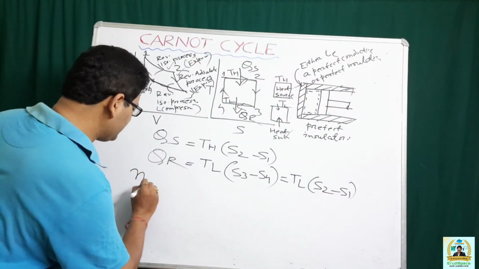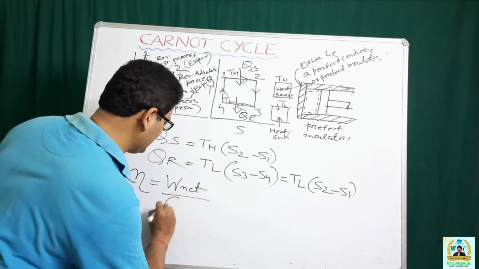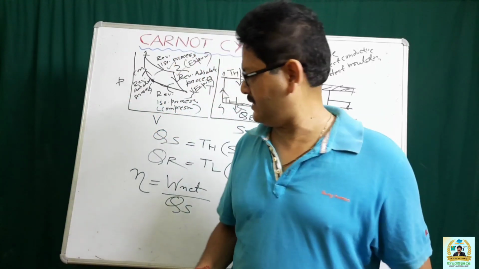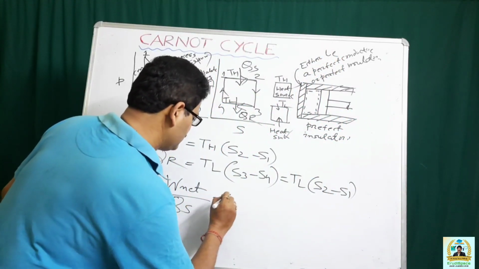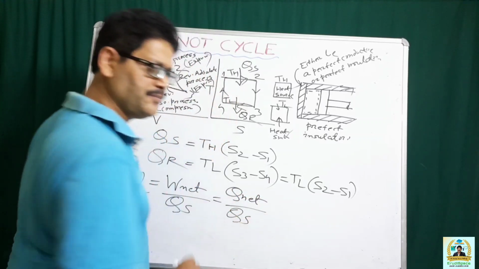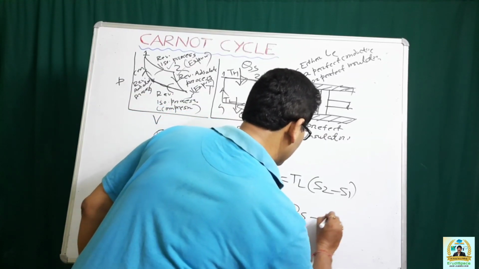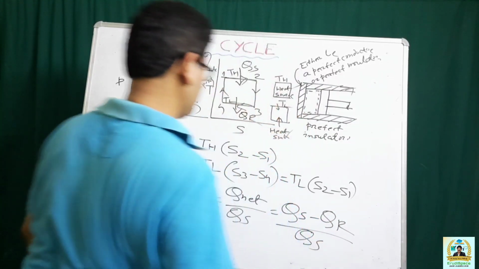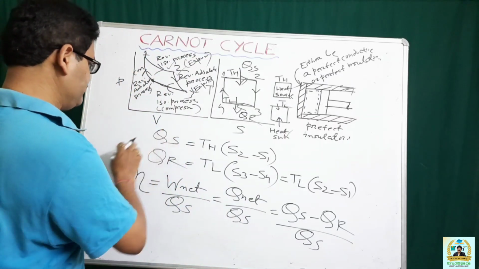The efficiency is always the net work output divided by the heat supplied. And we know that for a cyclic process, net heat transfer is equal to net work transfer. So this is Q net divided by Qs. So what is Q net? Q net is heat supplied minus heat rejected, divided by heat supplied. Now, what will be eta?